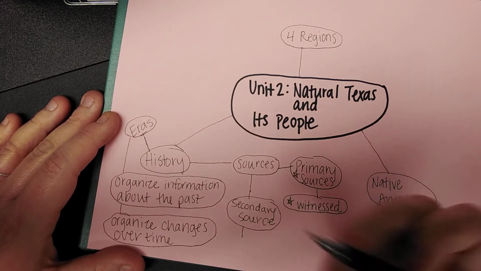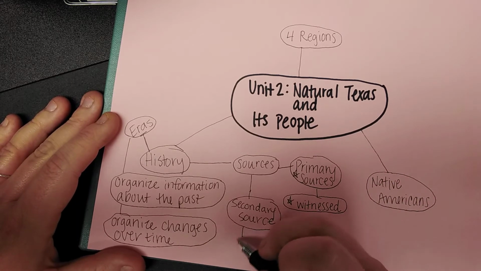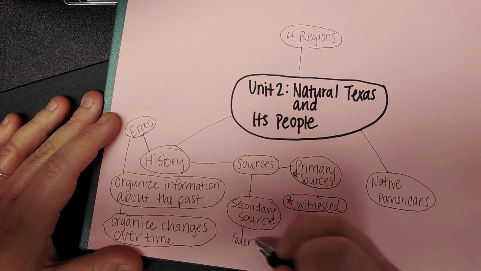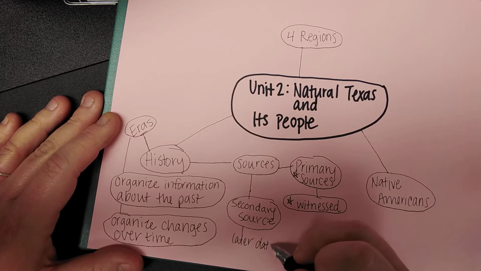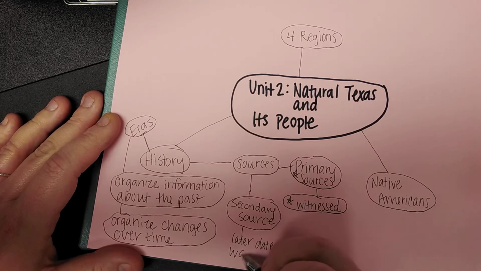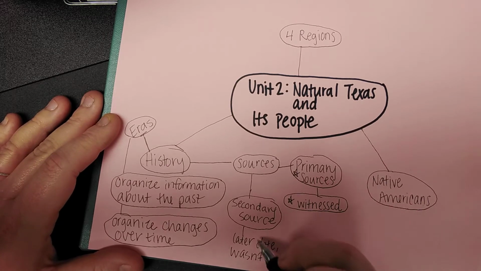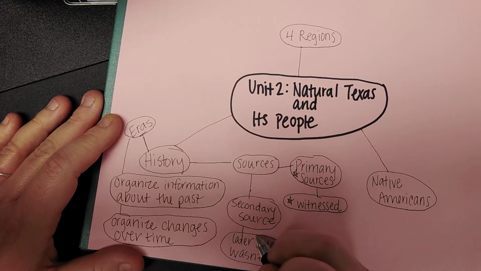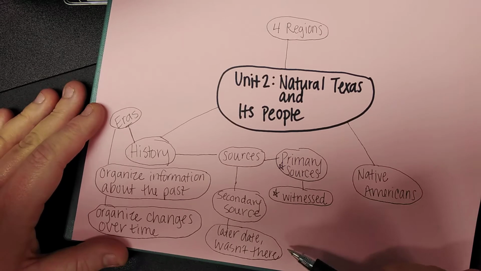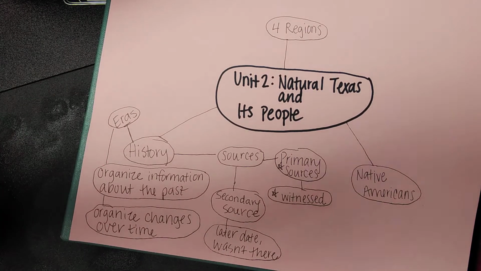They were not present. So I'm going to just put written at a later date. Wasn't there. They didn't actually see things occur. They've just been collecting information, and then they are writing about the information that they saw.